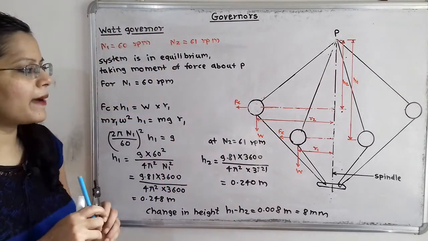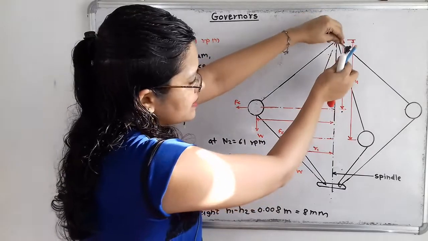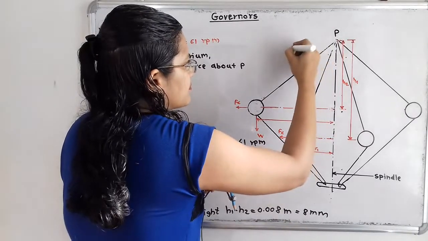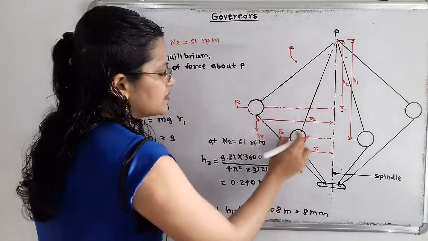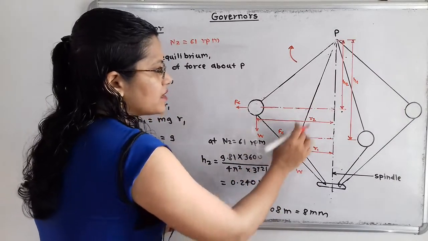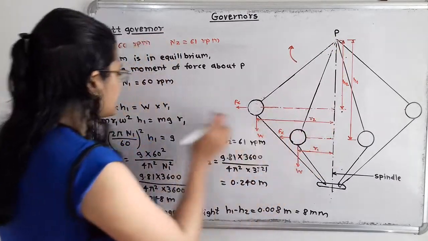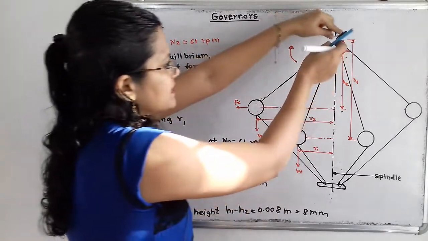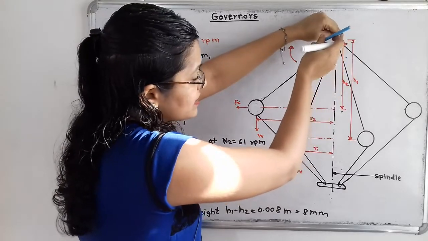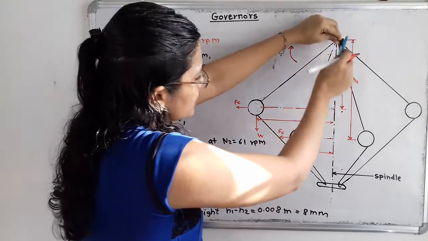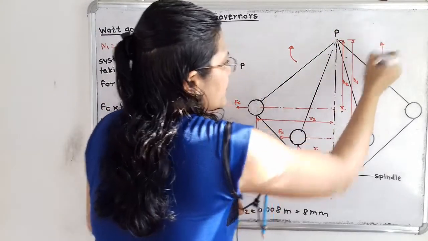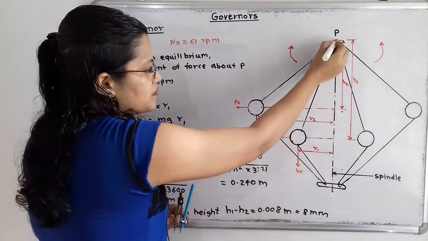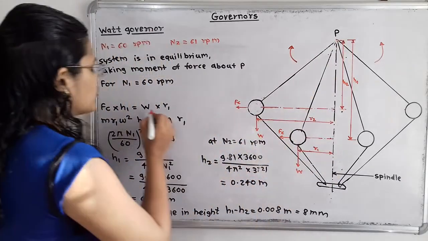If I move the compass about the center P in the direction of the centrifugal force, it is the clockwise direction, and this is the force Fc, multiplied by the perpendicular distance h1. Again taking P as the center and moving the compass in the direction of weight, that is downward, it is anti-clockwise. So the weight W is multiplied by the perpendicular distance r1.